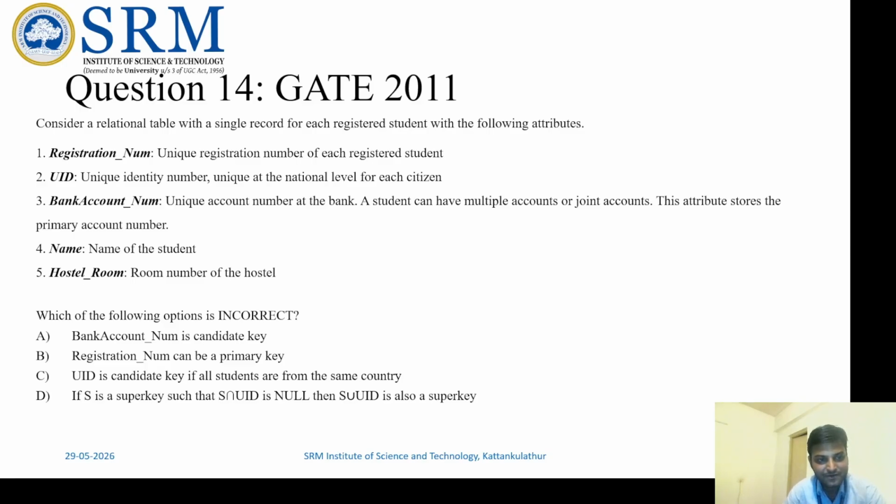Now, option A, bank account number is a candidate key, but a lot of constraints are there. A student can have multiple accounts or joint accounts. So two students may have the same account. For example, it may not be true, but twin sisters open an account jointly in a bank, and they both give the same account to the university.